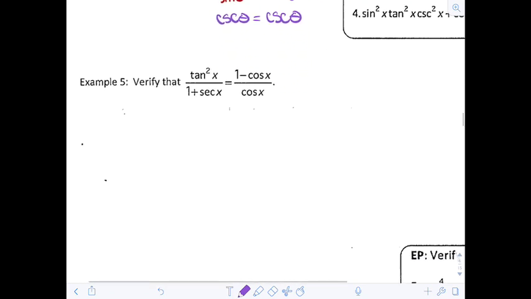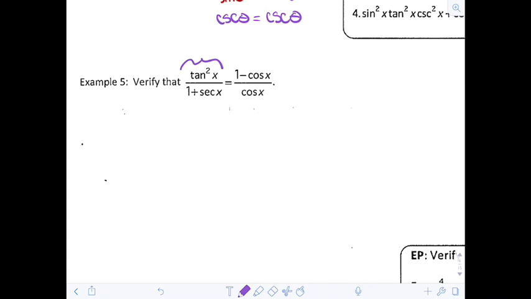All right, example 5. Again, this is another one where you look at the left, you look at the right, and one of you might say that the left looks more complicated and the other one says, no, I'm going to take care of the right. I actually picked the left-hand side, tan squared over 1 plus the secant squared. So I'm going to work this left side down and try to get it in terms of cosine.